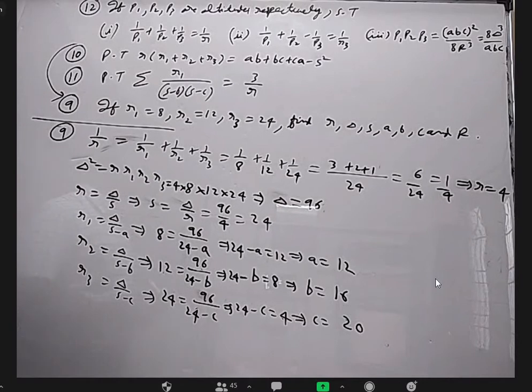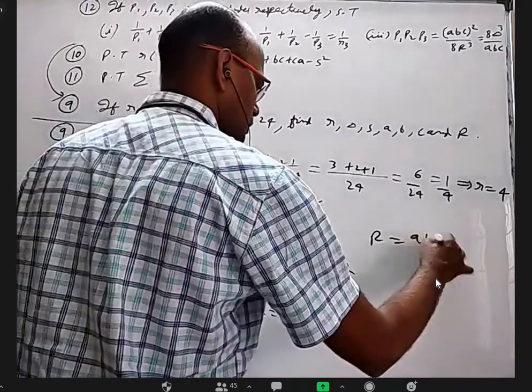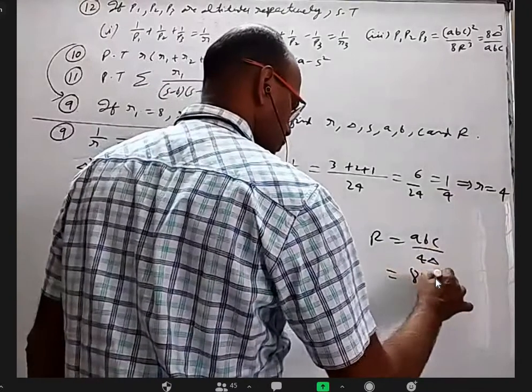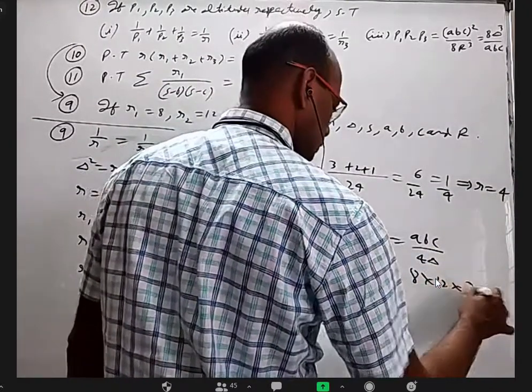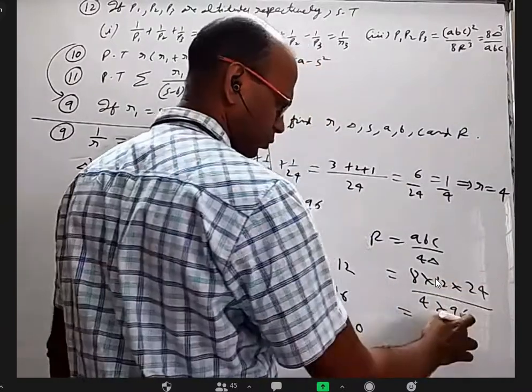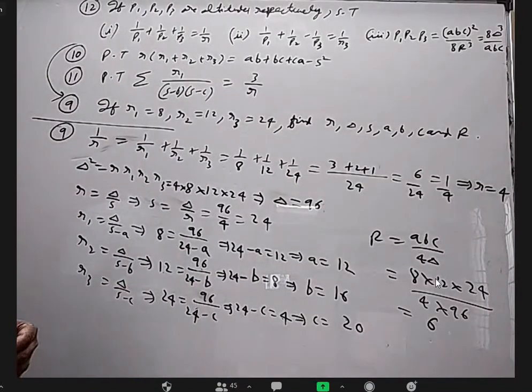Sorry, I did not find it last time also. They asked capital R also, right? Yes, sir. Capital R is abc by 4 delta. 8 into 12 into 24 by 4 into 96. 24, 4, 4, 3 is 4, 2, so I think 6. I think in the second case, capital R is 6, right?